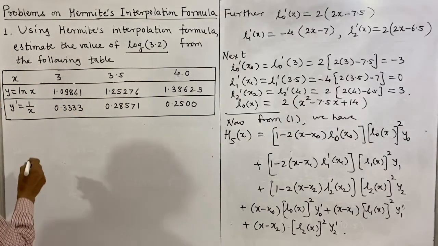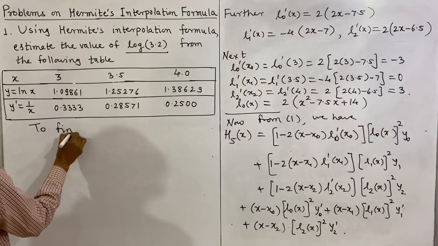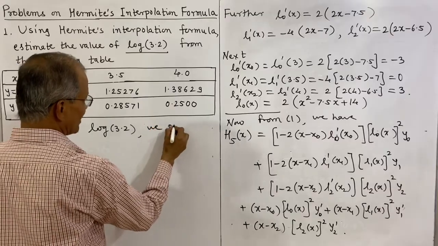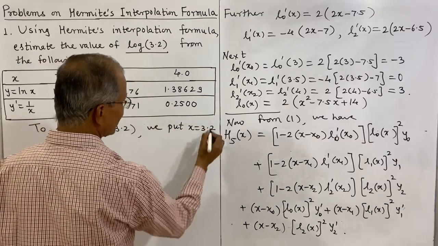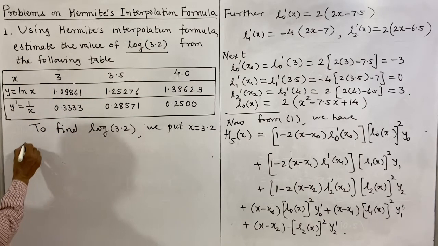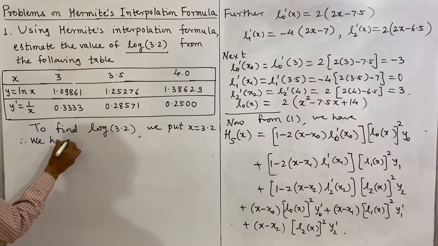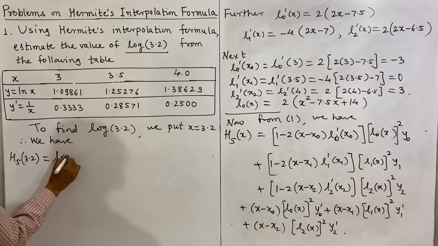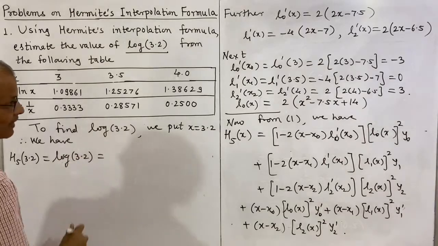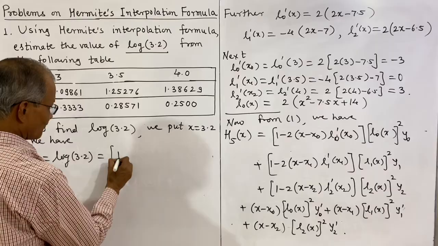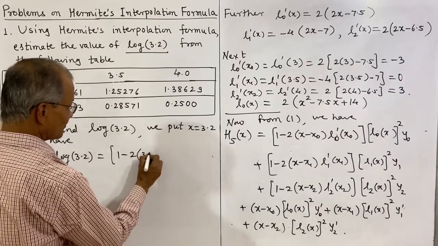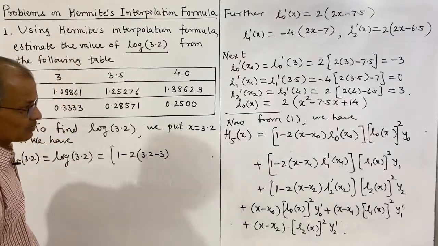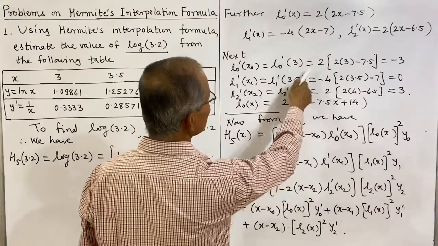So to find log of 3.2, we put x equal to 3.2 in this relation, and therefore we have h5 at 3.2, which means log of 3.2, is equal to 1 minus 2 (3.2 minus x naught, which is 3), and so on. So this is to be carried out: L naught dash at x naught, that is minus 3.